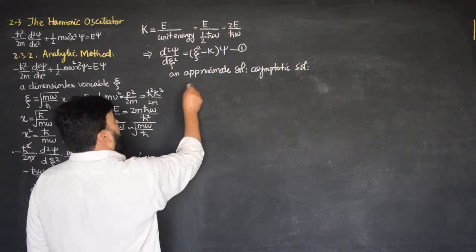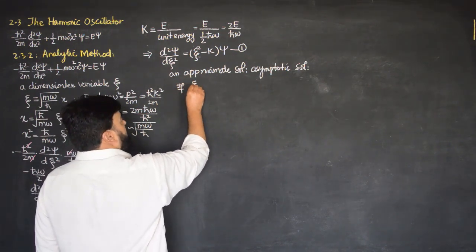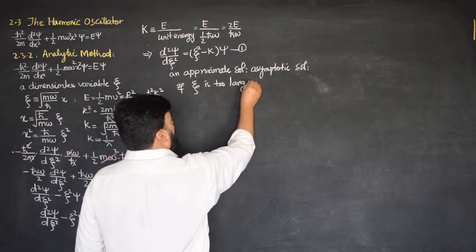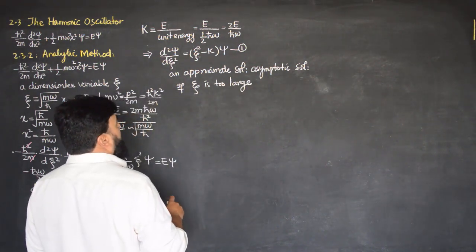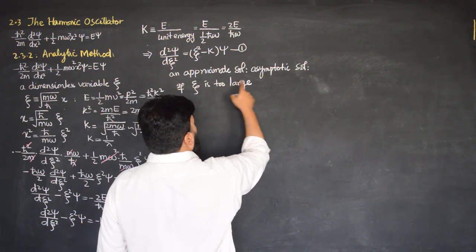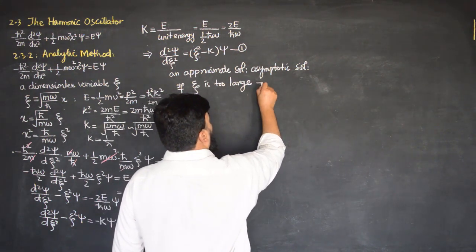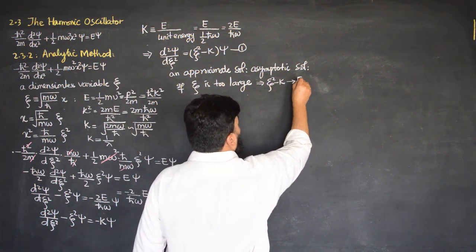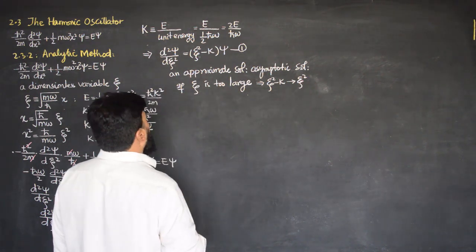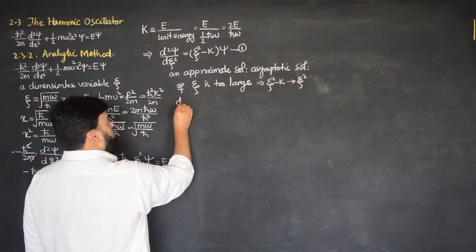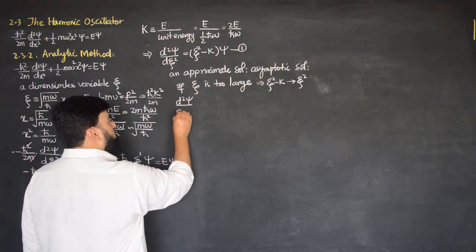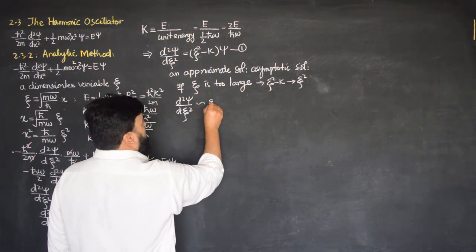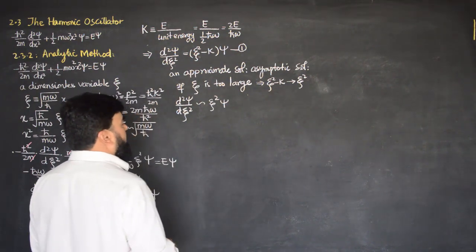So if xi is too large, going to infinity, then xi square minus K will go to xi square, because K will be neglected, and I will have the equation d square psi over d xi square is approximately equal to xi square psi.